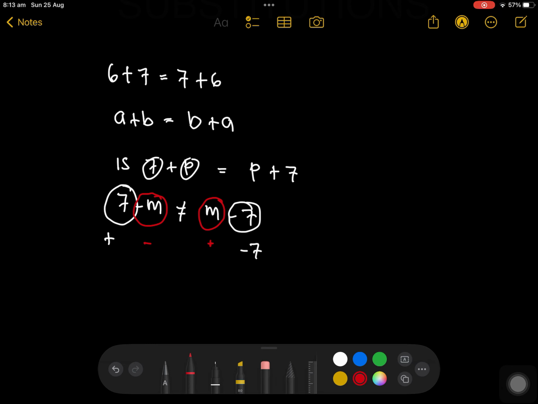So sometimes you want to work out an expression for a particular value of a variable. To do this, you need to substitute that value for the letter in the expression.